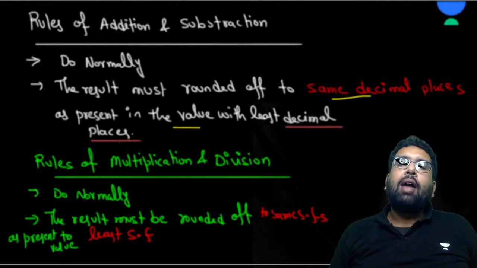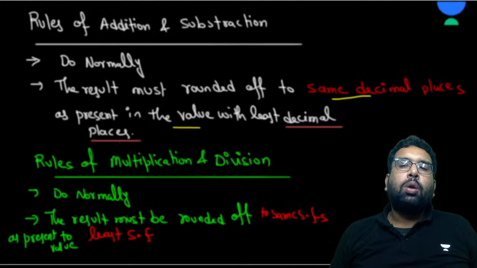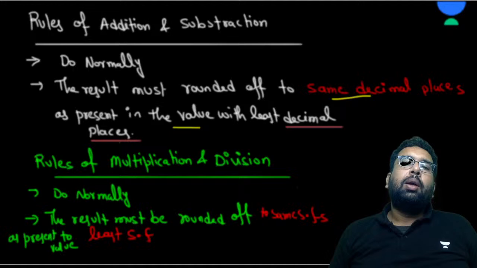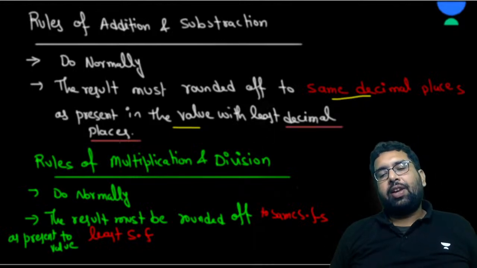Then you have to round off that value to the same number of significant figures as present in the value with the least significant figures.